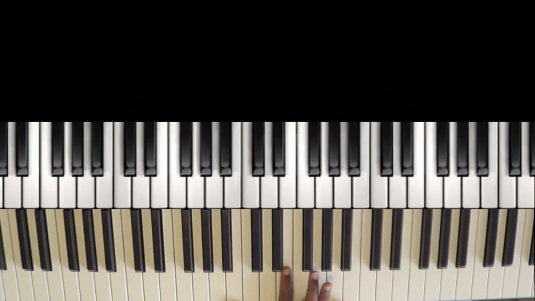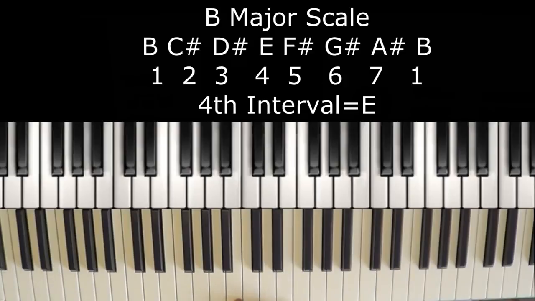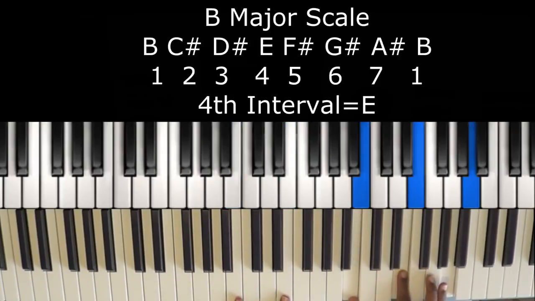And now you have to find fourth intervals. So by finding the fourth intervals, you have to know your scales. So I'm going to do the B major scale first of all, and then we're going to find a fourth interval. 1, 2, 3, 4, 5, 6, 7, 1. 1, 2, 3, 4. That's a fourth. Okay? And that's the second note.